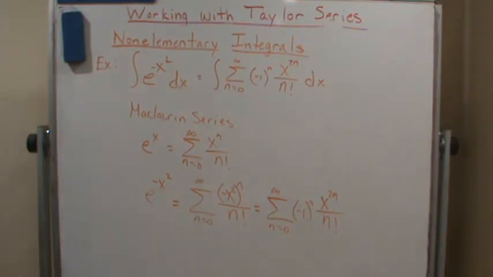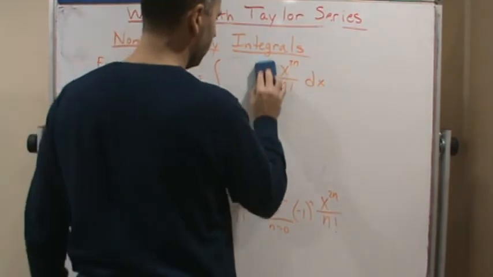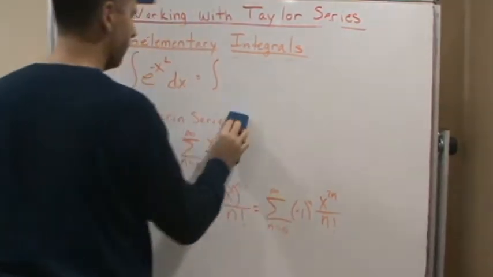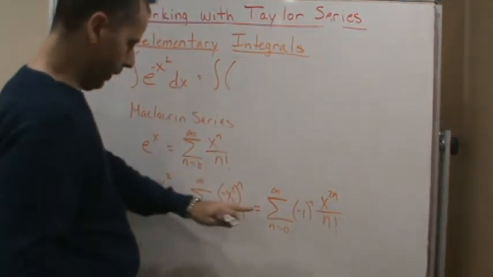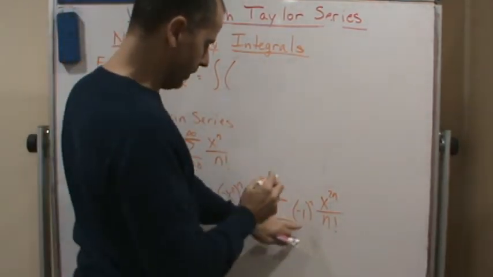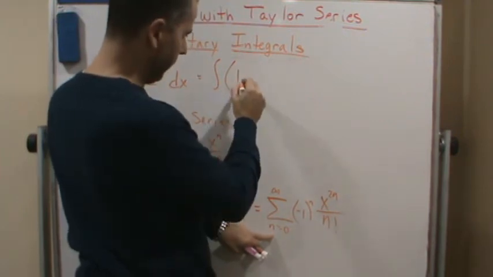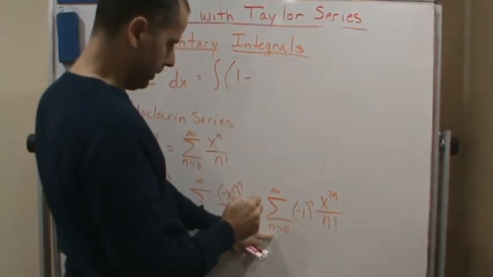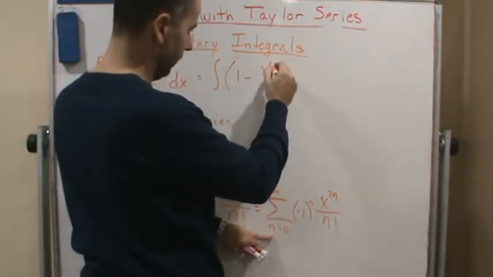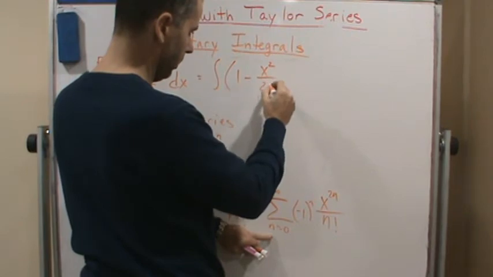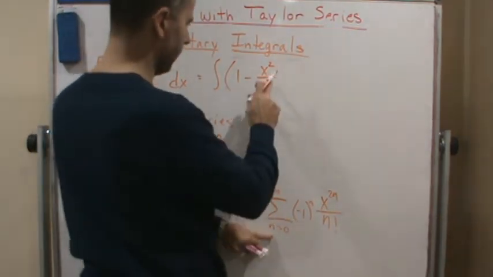Which is what? Well, let's just introduce the terms. So this means that we're going to take the integral of what? Well, at 0, this is just going to be 1. And then minus x squared over 2 factorial. Oh, no, I'm sorry.